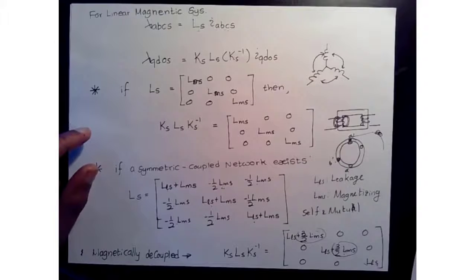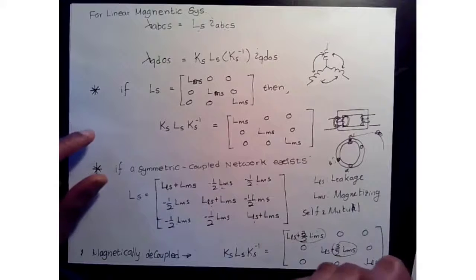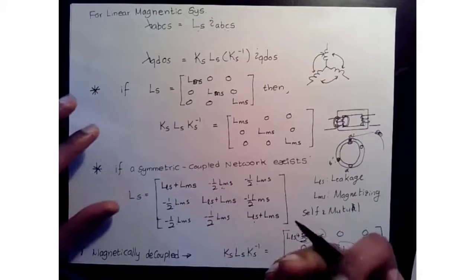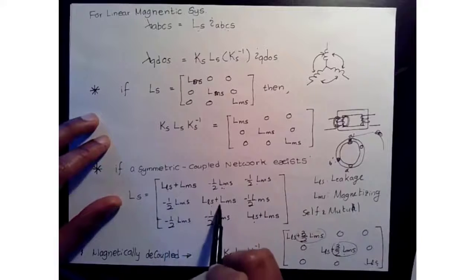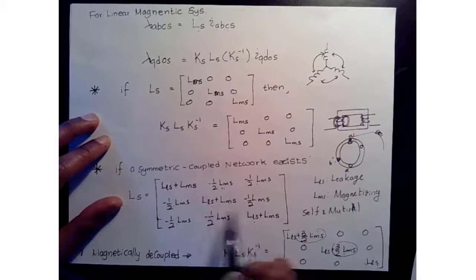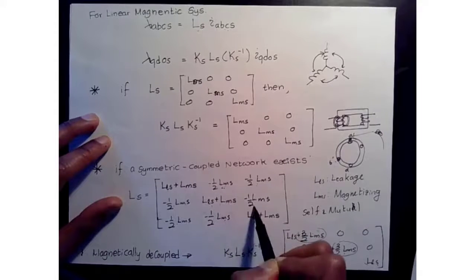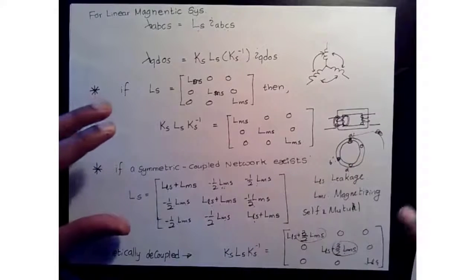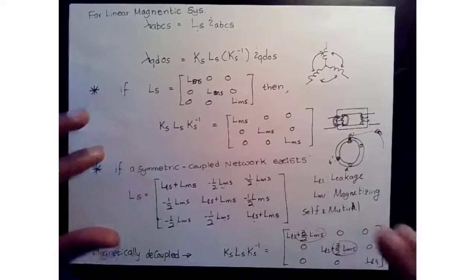Again, this is for symmetric and coupled, but practically speaking, if you measure an inductance in real life, you'll see that these are going to be slightly different from each other. They're not going to be the same. These are not going to be the same either. And when that happens, you're going to see some off-diagonal components appear.